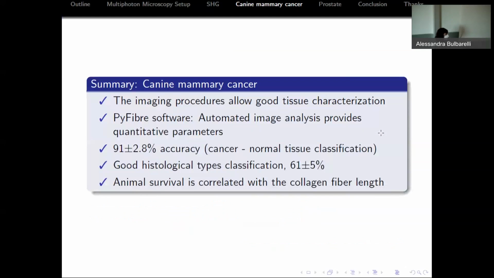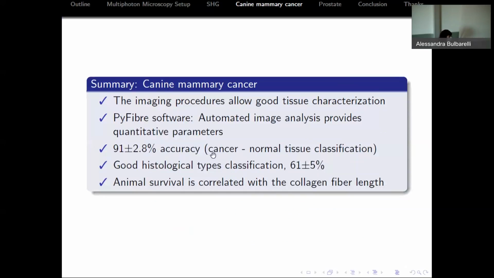Just to summarize, in this canine mammary cancer, we identified that the imaging procedures allow good characterization of the tissue, and that the software, which is automated, provides quantitative parameters that can be used to separate the cancer.